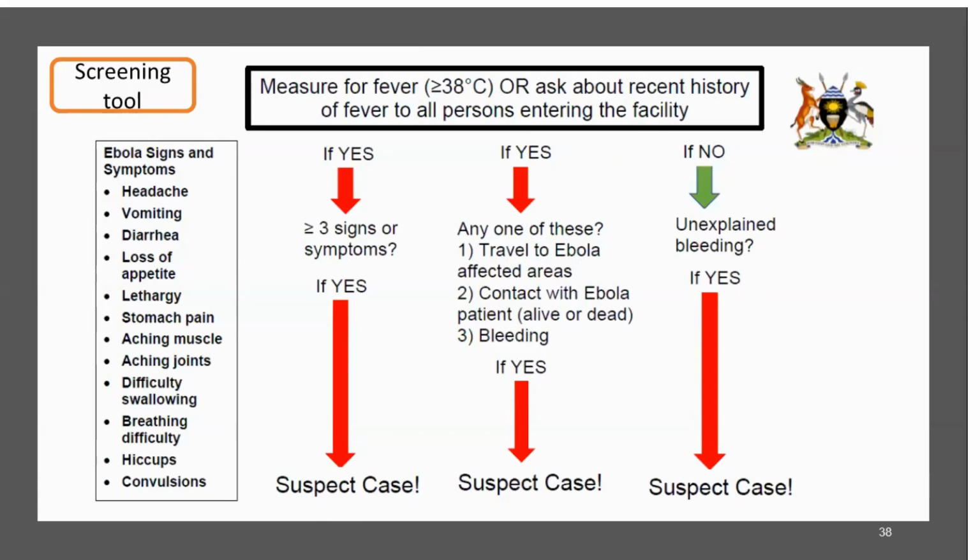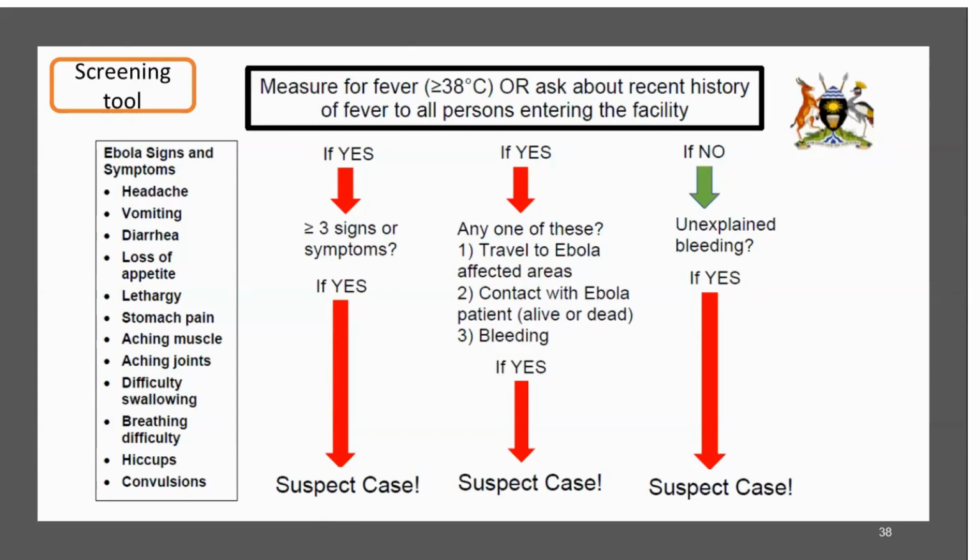It's not travel of more than 21 days. If this person has had this travel, that person also qualifies as a suspect case for Ebola, and you signal the system.